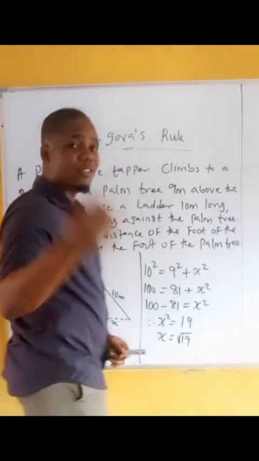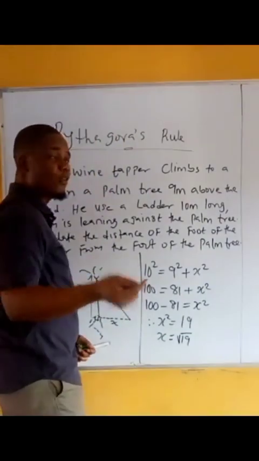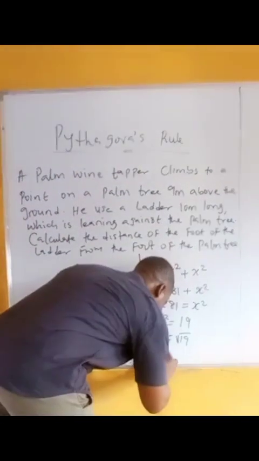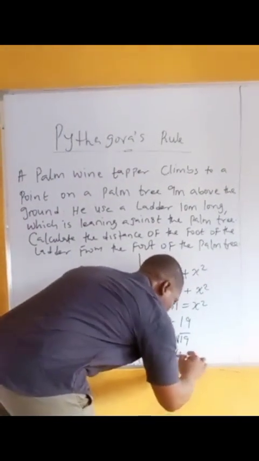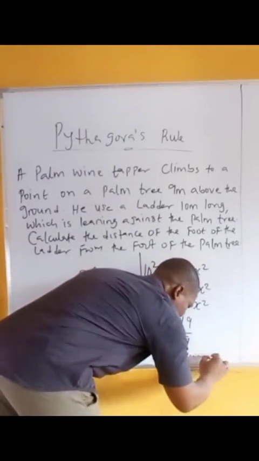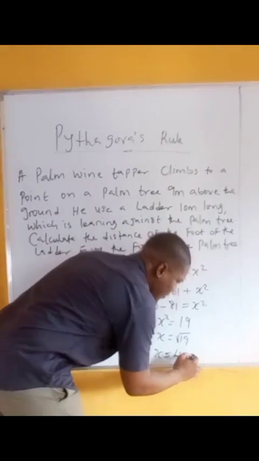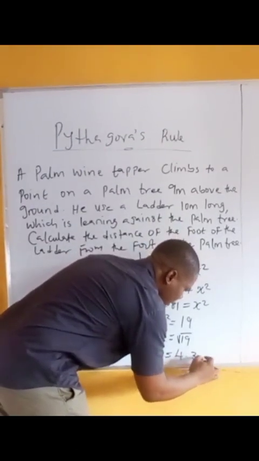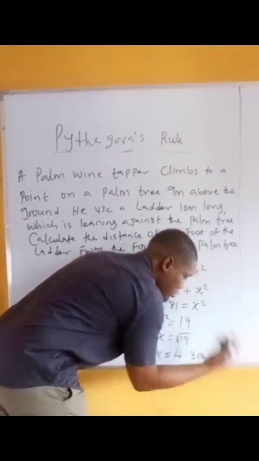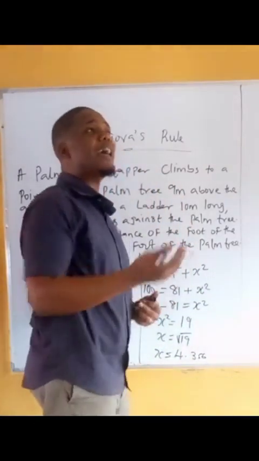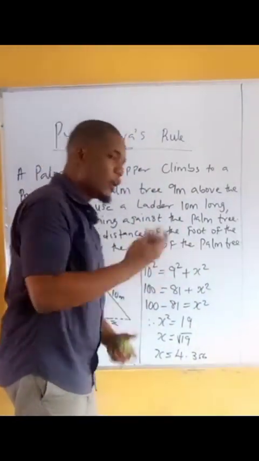So if I take the square root of 16, what will I be getting? I'll be having 4. So this answer here will be 4 point something. Since 19 is a bit higher, I can say 4 point, let's say 3, 5, 6, approximately. Because I am now assuming it might be plus or minus.